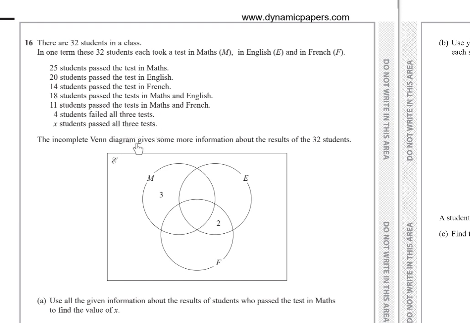The incomplete Venn diagram gives some information about the results of the 32 students.